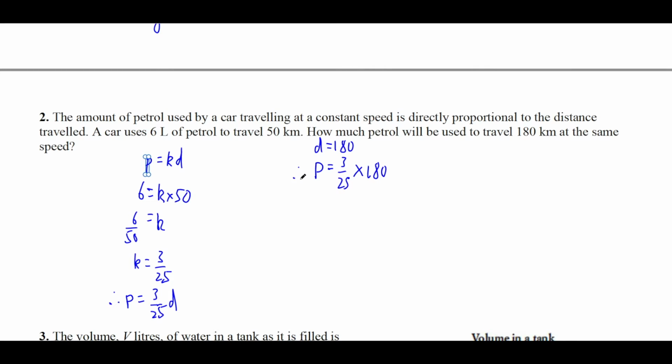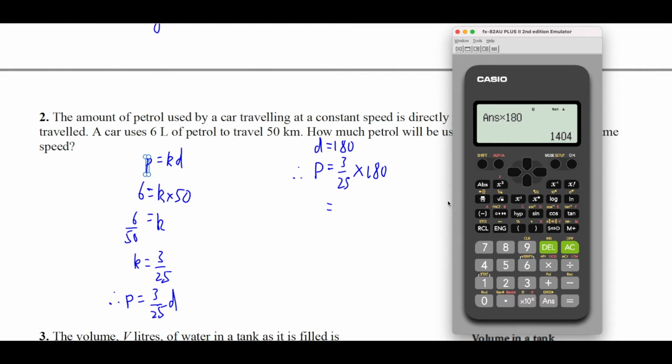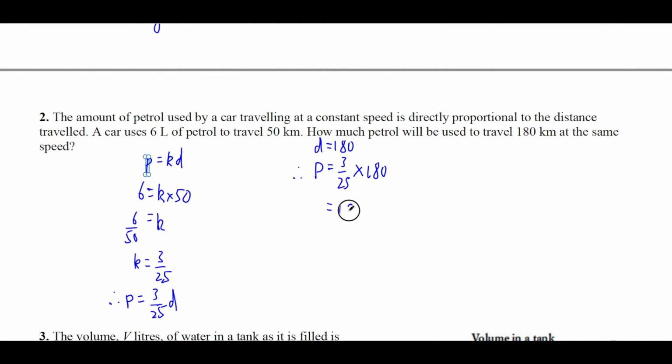Therefore, P equals this times 180, which equals to what? Okay, I can't do this in my head, so I'm going to use my calculator. So 3 on 25 multiplied by 180 equals 18. And the answer, what unit is it? It's in liters. Okay.